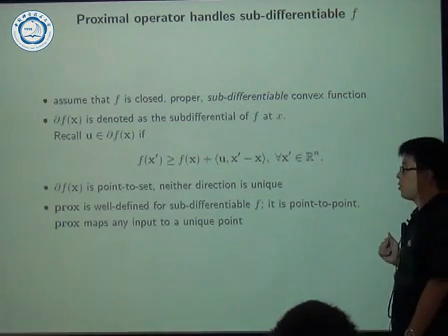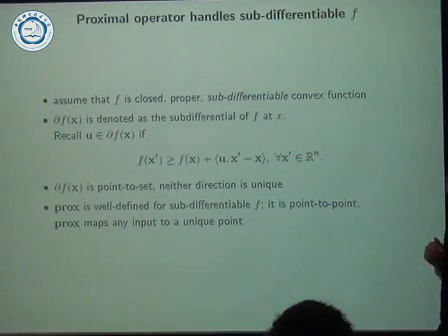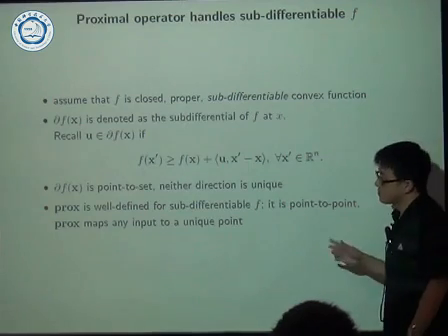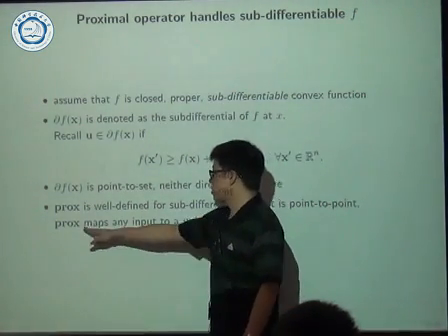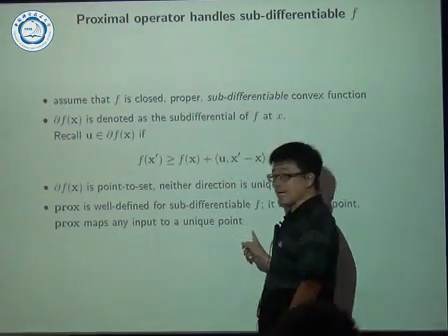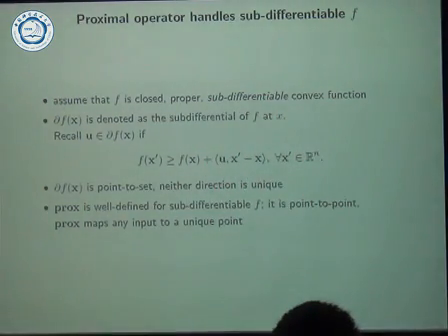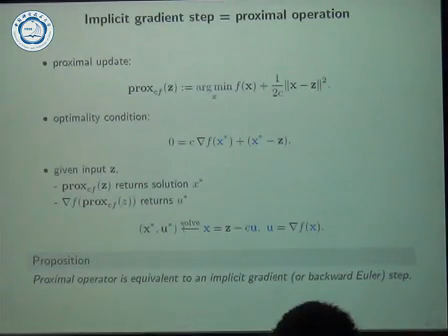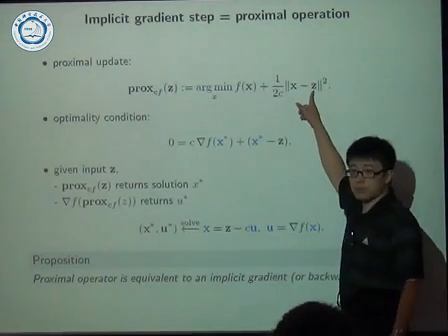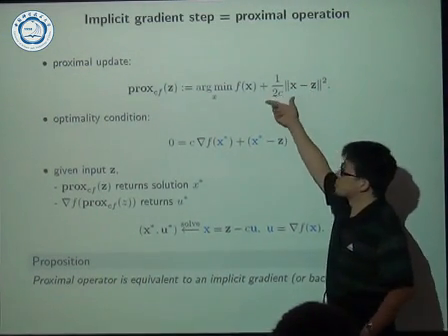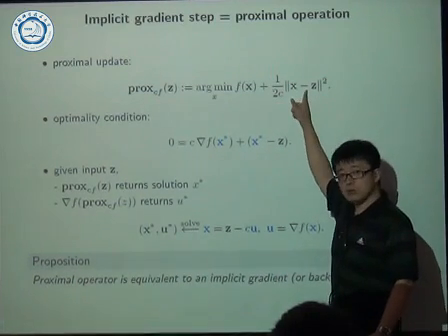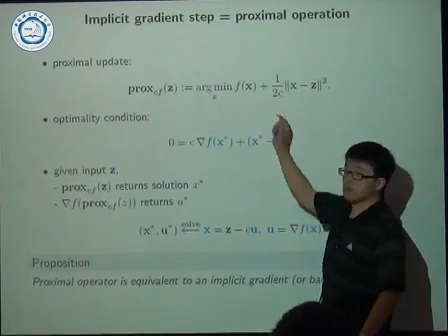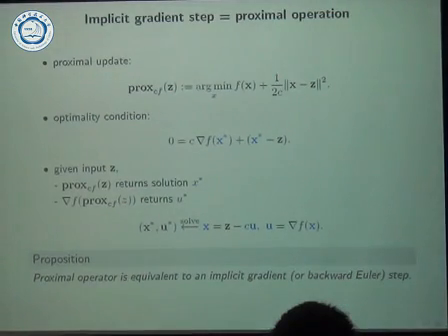It is actually point-to-point. It means this proximal mapping maps any input to a unique output. If I give you a z, there's only one solution to this minimizer. There's no ambiguity. You're going to definitely return me a unique x.